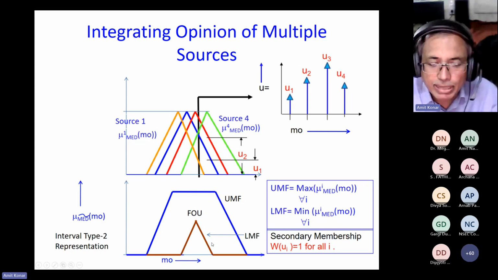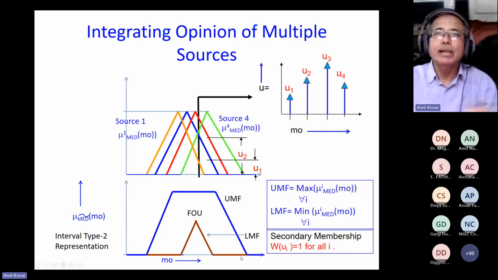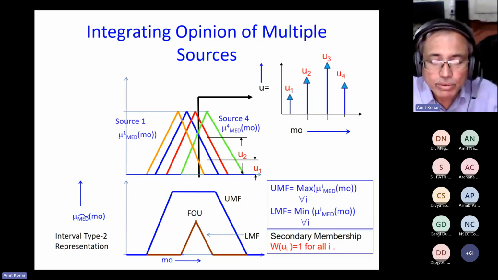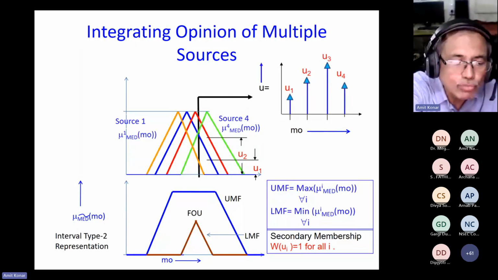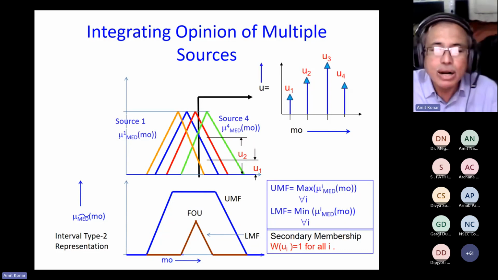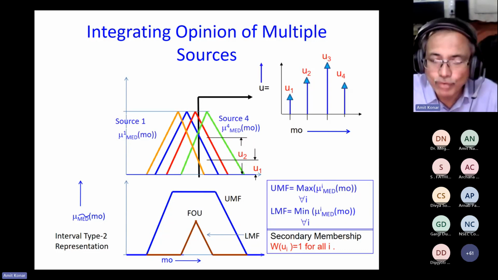Similarly, anywhere, any value may appear on the vertical scale. If this is mouth opening, the membership value at any point will vary from minimum to maximum over this much. That's why it's called an interval type 2 fuzzy set. In this case, the x-axis is mouth opening and the y-axis is the membership for mouth opening being medium. In interval type 2, there is a tilde notation over this. This sign means it is an interval type 2 fuzzy set.